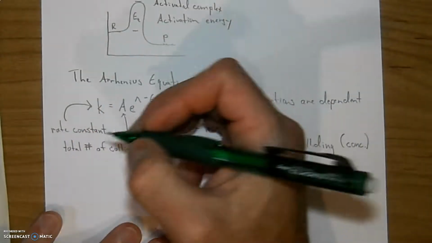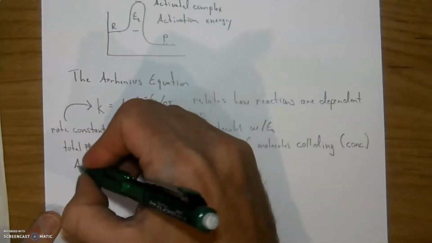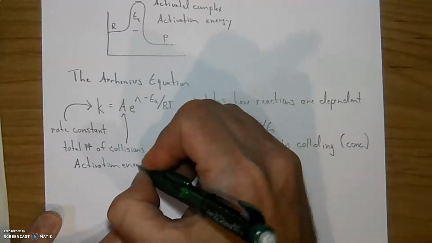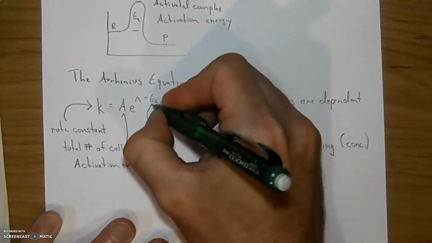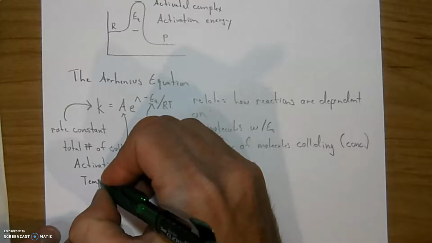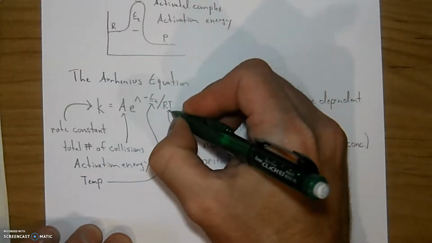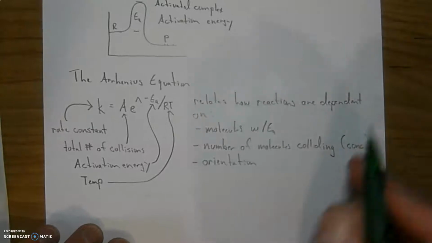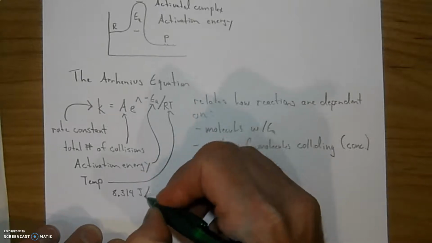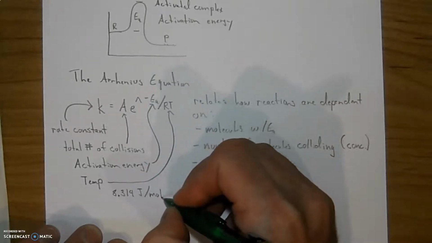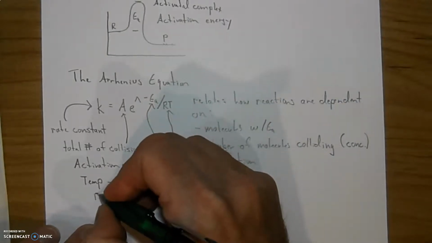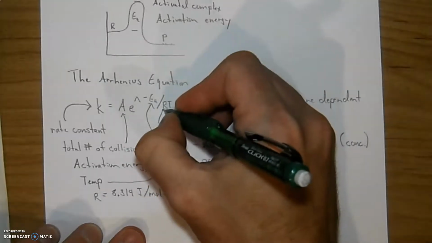That is activation energy. R is the gas constant and T is temp. And R is 8.314 joules per mole per Kelvin. And I'll put that over here for R.